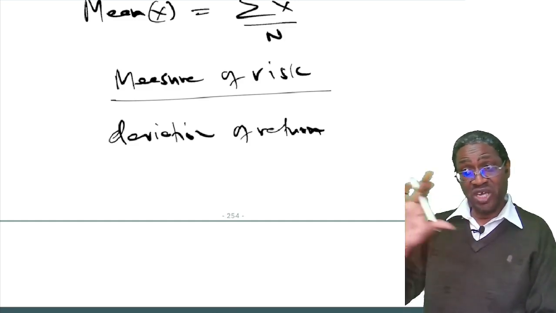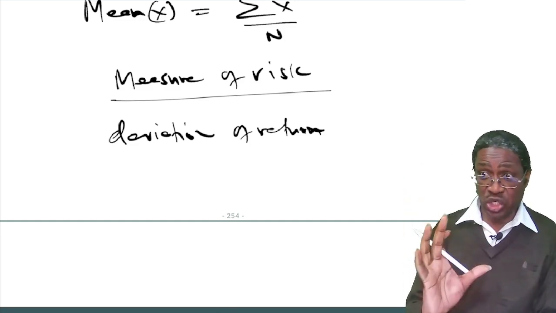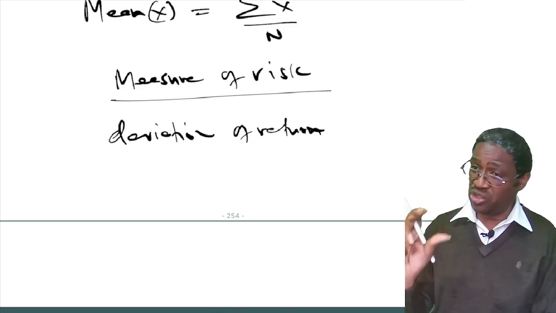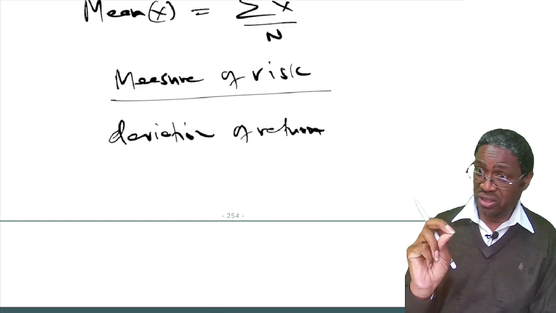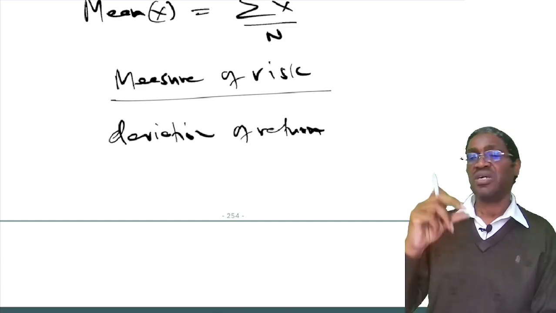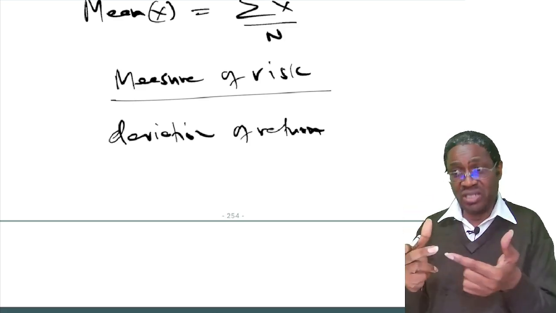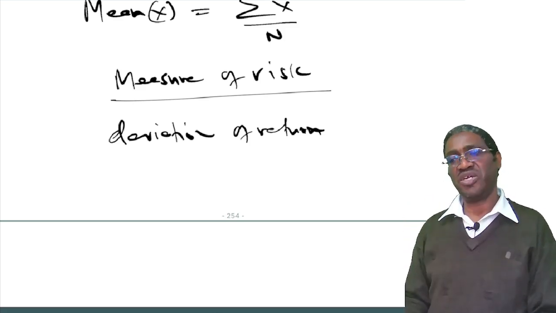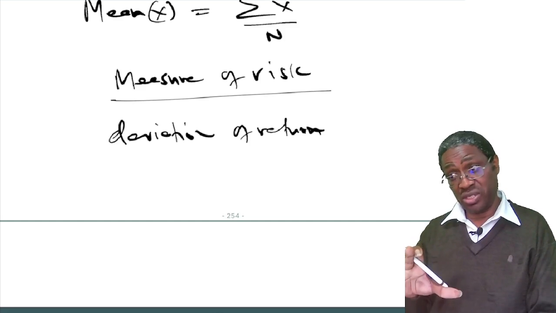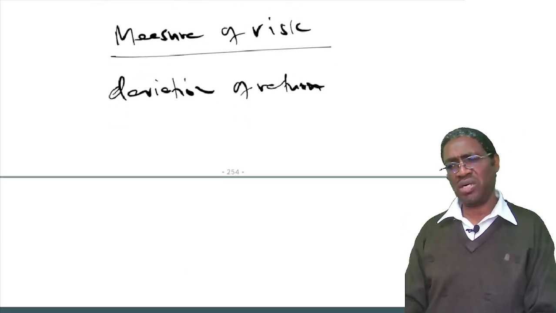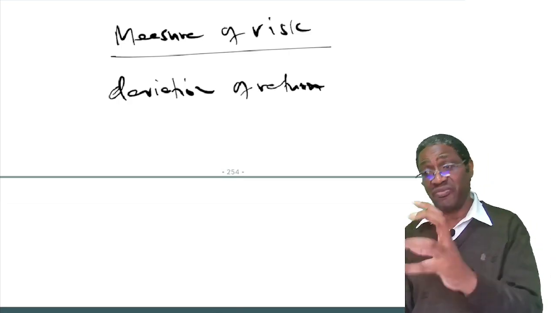The more the deviation from the mean, the higher the risk of that investment. The less the deviation of the returns from the mean, the less the risk of that investment.